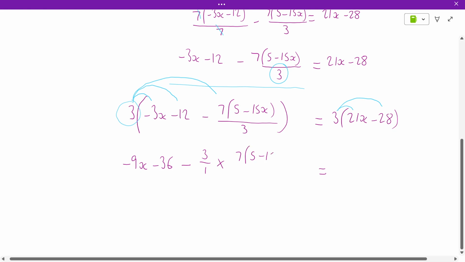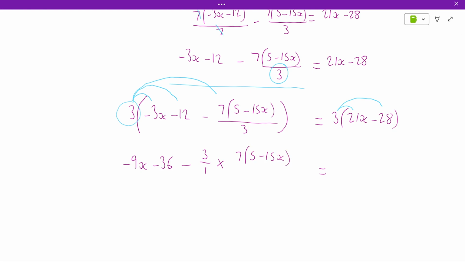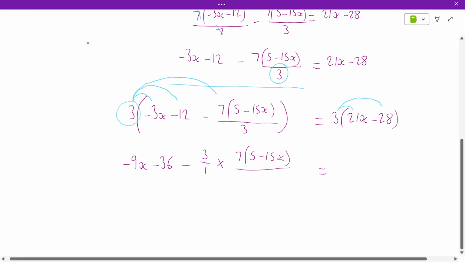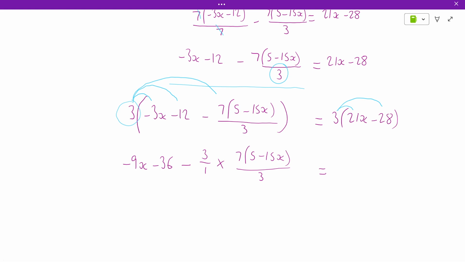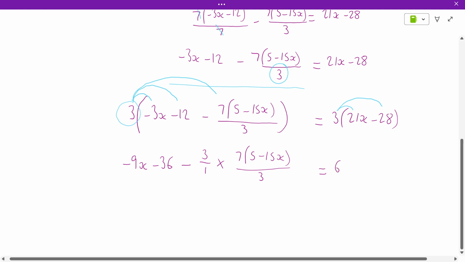So 7 outside of 5 minus 15x divided by 3. And you can kind of see what's going to happen here. Then on the right-hand side, we've got 3 times 21, so 3 times 21 is 63x.